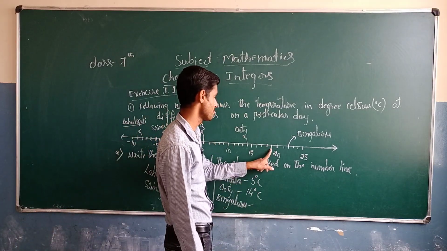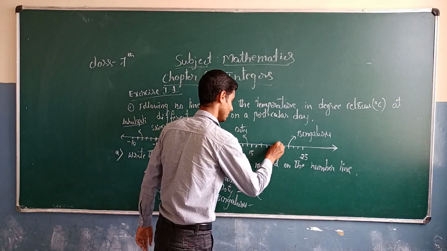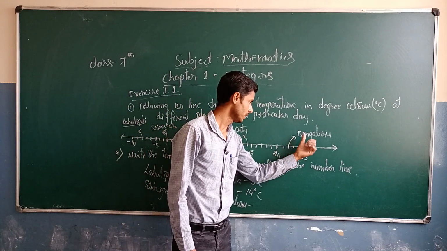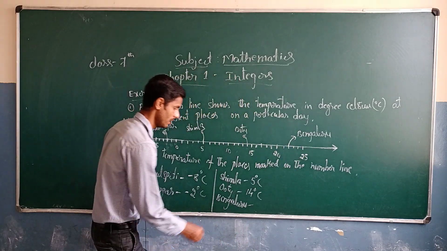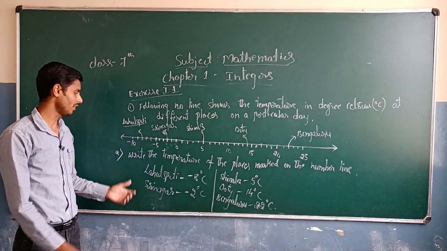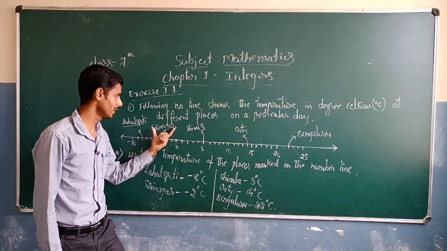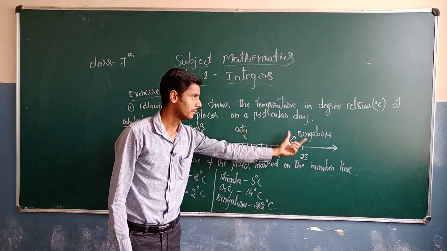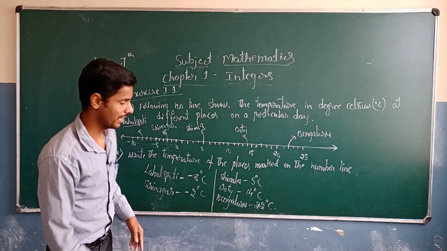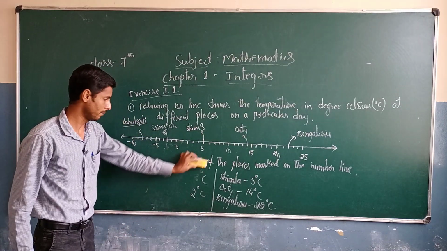This is 20, right? 20, after that 21, 22. The temperature of Bangalore is 22 degrees Celsius. So we have found the temperatures of the places: Lahaul Spiti, Srinagar, Shimla, Ooty, Bangalore. Right? So let's see the next question, which is related to this number line only.